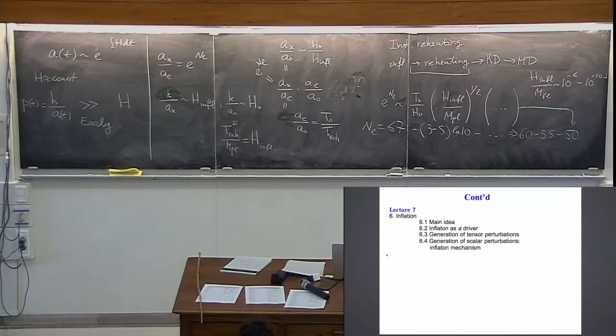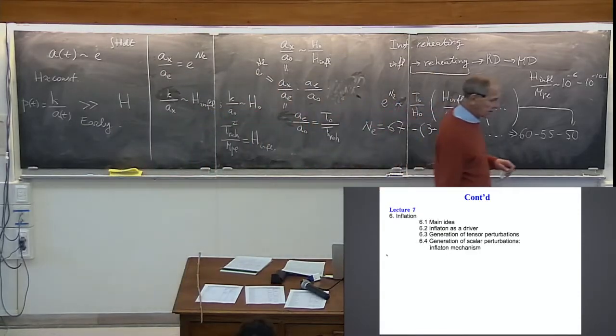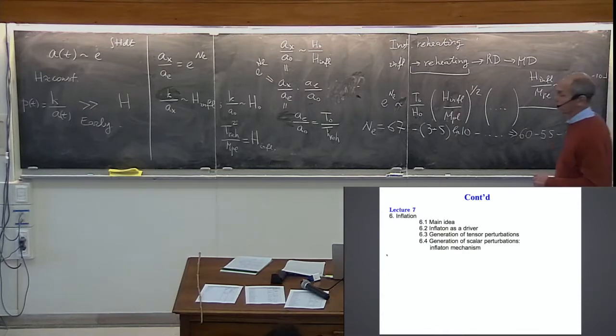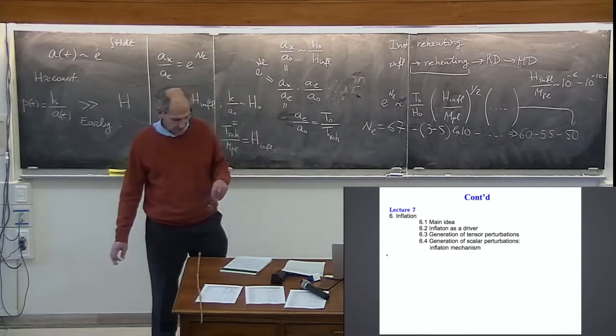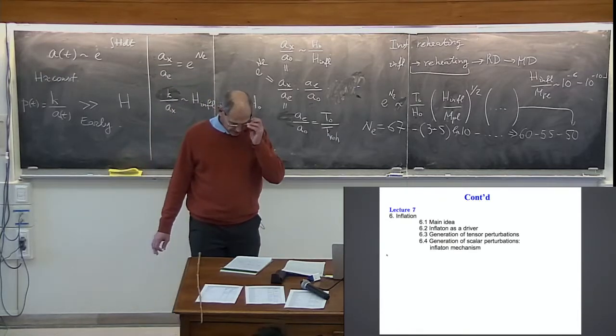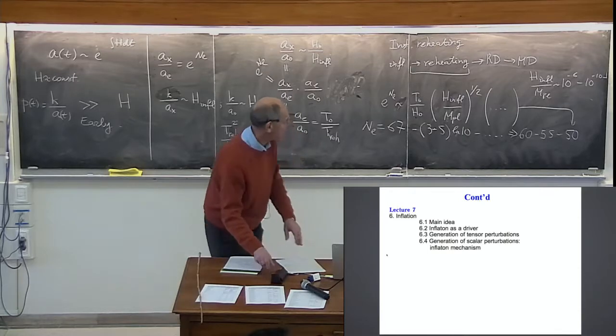So our interesting cosmological scales exit the horizon at 60, maybe 50 e-foldings before the end of inflation. Okay, so that has to be borne in mind.